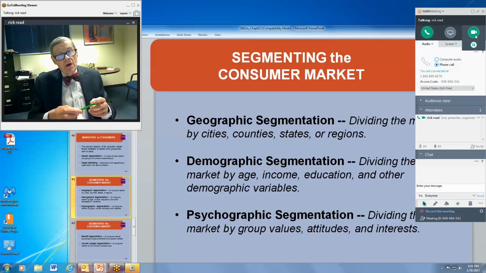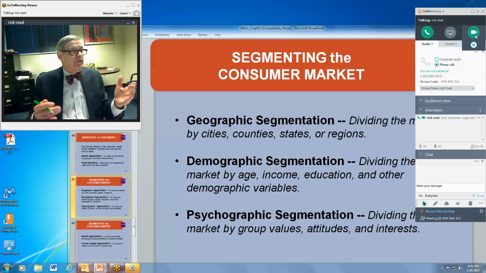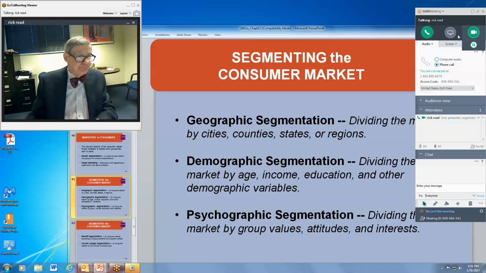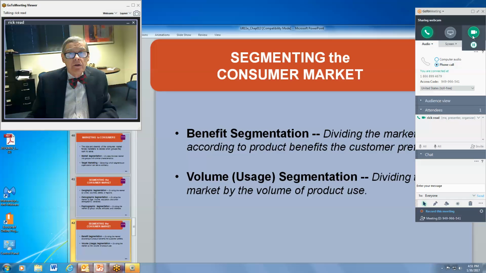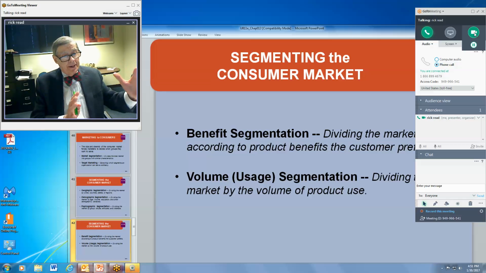And psychographic is dividing it into values, attitudes, etc. Then you have a benefit segmentation and a volume or usage segmentation. Here, benefit is benefits of the product or service you're trying to sell. And then the other is dividing the market by volume, by how much you're selling.